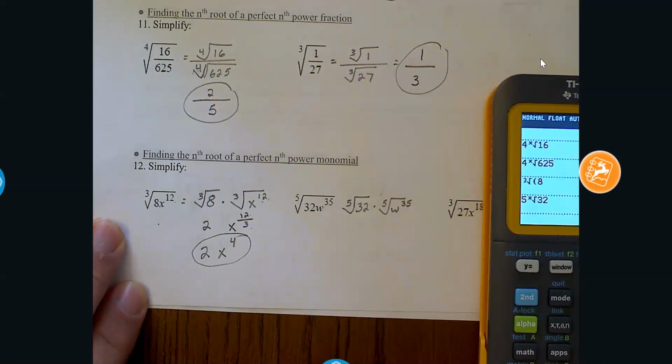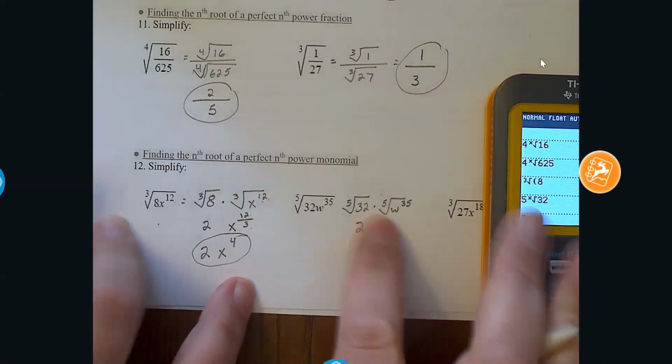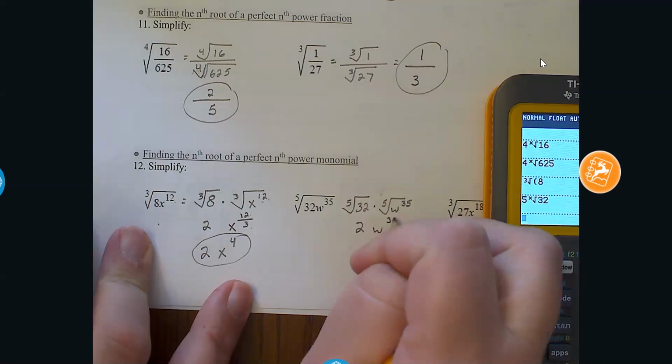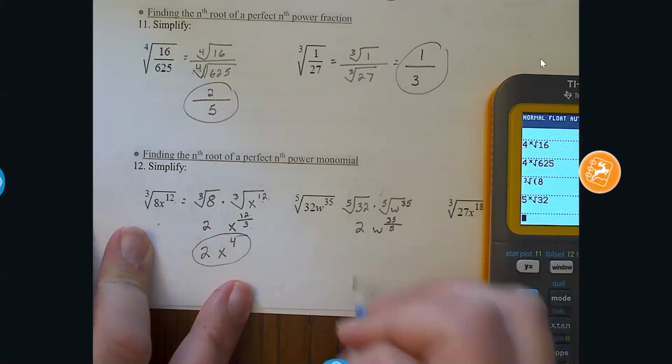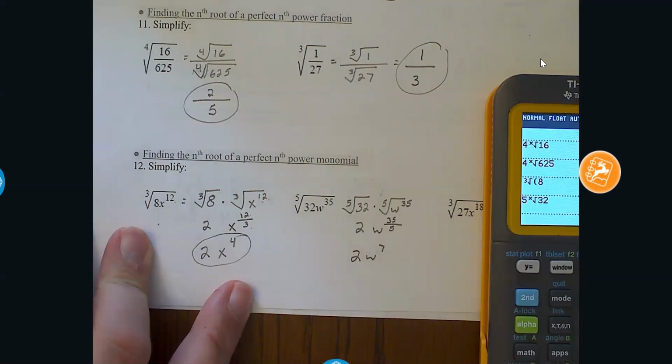Okay, so this would be 2. And then the 5th root of w to the 35th is w to the 35 divided by 5. And 35 divided by 5 is 7. So we have 2w to the 7.